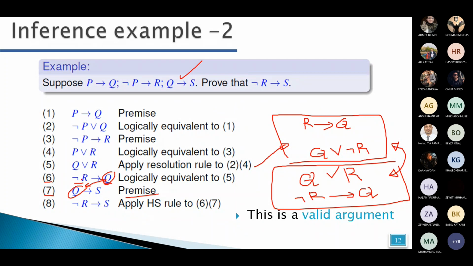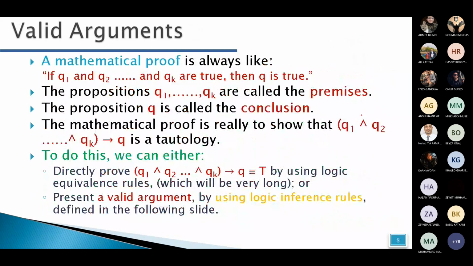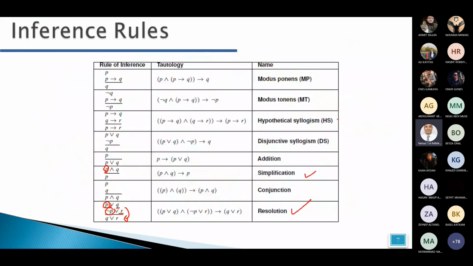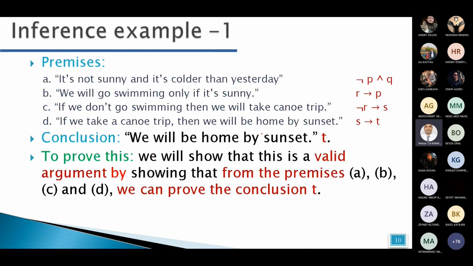X implies Y, Y implies Z, then X implies Z. This is the HS rule: P implies Q, Q implies R, then P implies R. Same idea here.